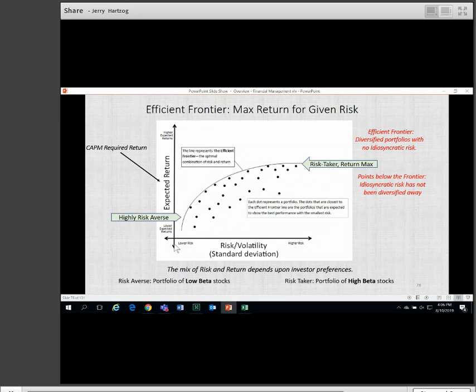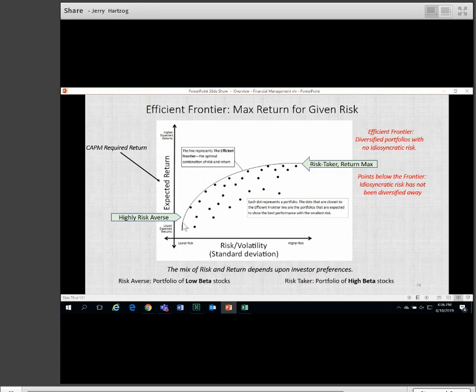So every investor has different tolerance for risk. Along this horizontal axis, we have a measure of risk, low risk to the left, high risk to the right, and up and down on the vertical axis is that required return or expected return. Well, if we have an investor that's very, very conservative, they hate risk, they want something very, very safe, well, they would be down at this end of the risk spectrum, low risk.